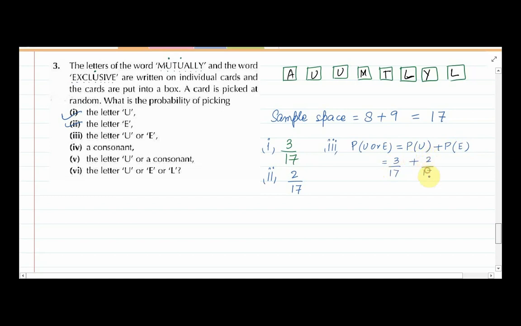The denominator is same, you can add it easily. So 3 plus 2, it's 5 divided by 17. That is the answer.